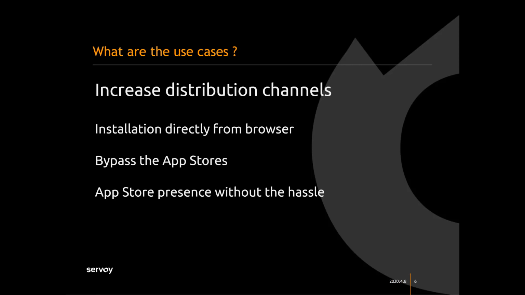And how does that work? Because I know that putting an application in the stores requires certification, and it can be a bit of a hassle. Does that change at all once you have a PWA? Is it pretty much the same process? It's pretty much the same process.